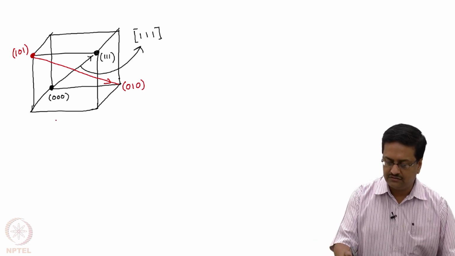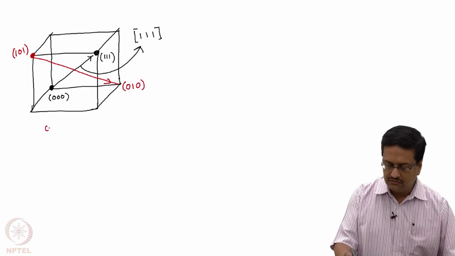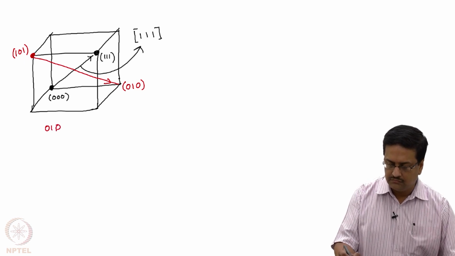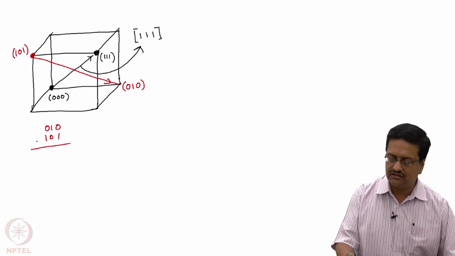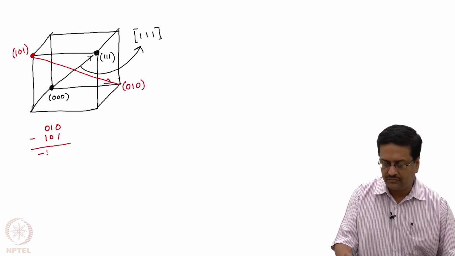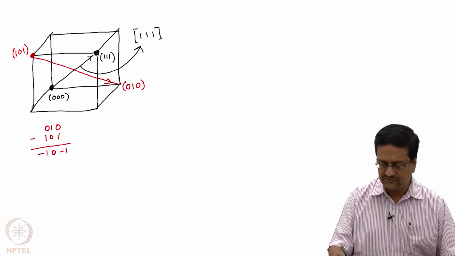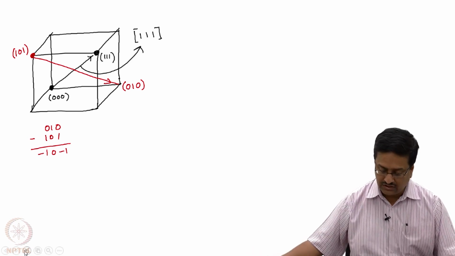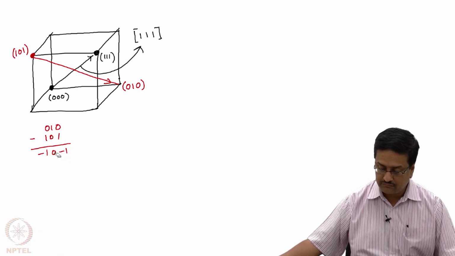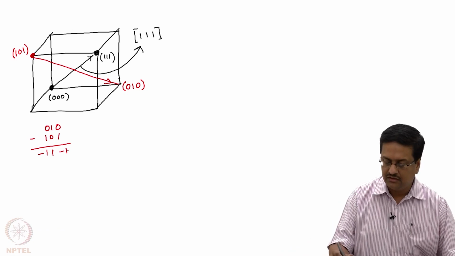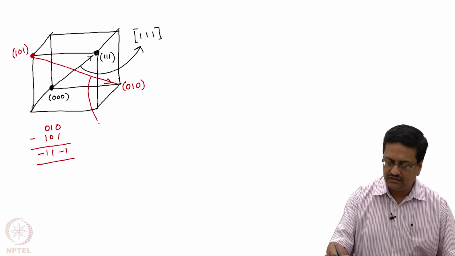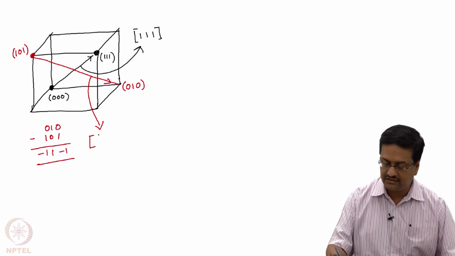So if we subtract 1, 0, 1 from 0, 1, 0, what we get is minus 1, 1, minus 1, which means the Miller indices for that direction will be 1 bar, 1, 1 bar.